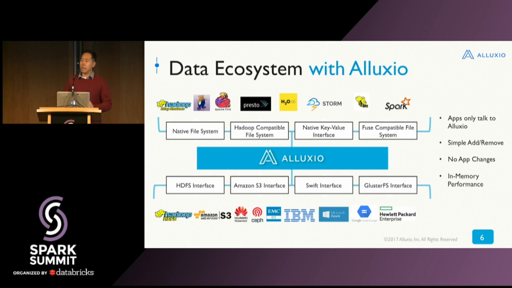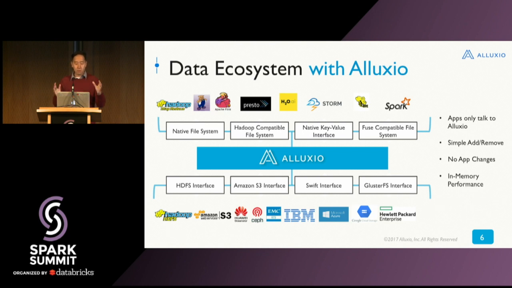So here's an image of what the ecosystem and architecture will look like with Alluxio. So you have storage systems at the bottom of the diagram with HDFS, cloud storage like S3 and Microsoft Azure storage, and other types of storage appliances. And so there's lots of different storage systems underneath Alluxio.